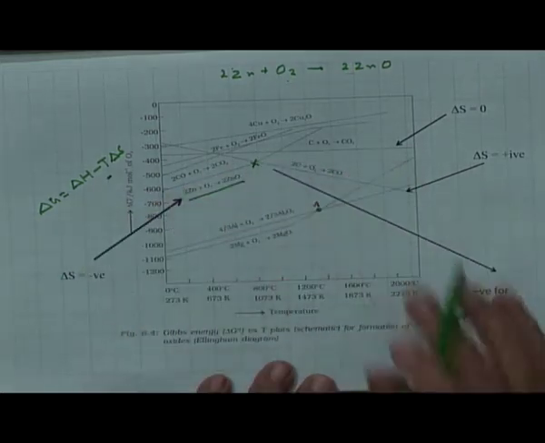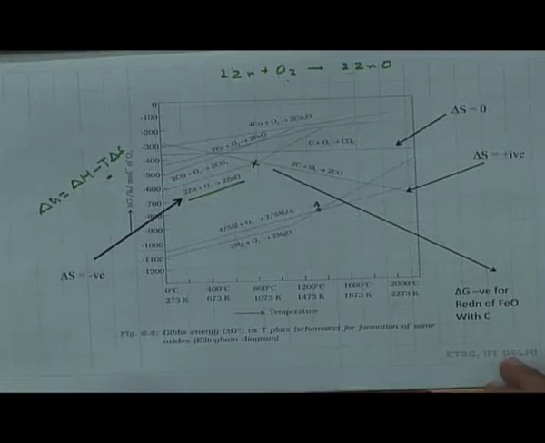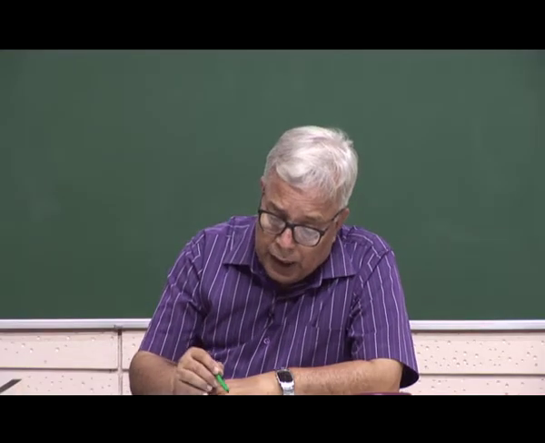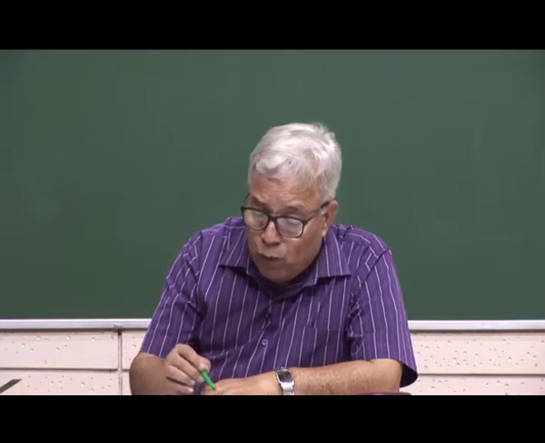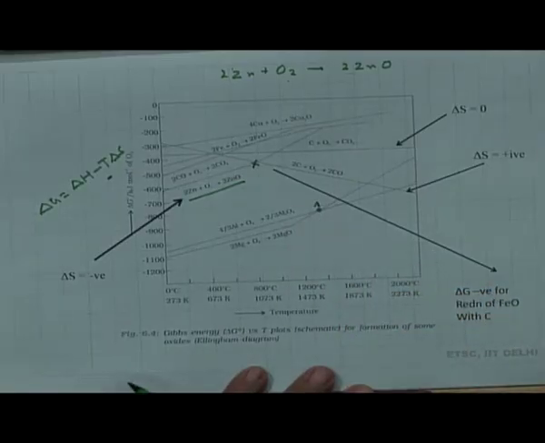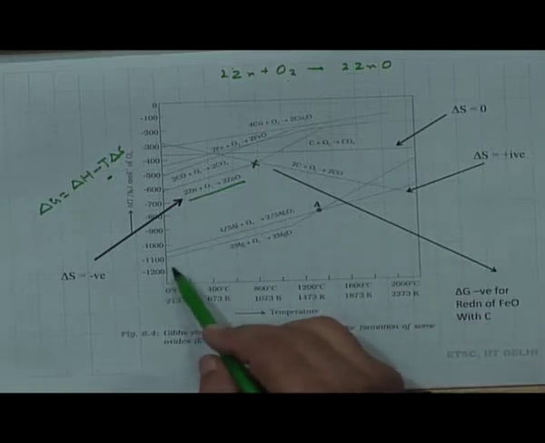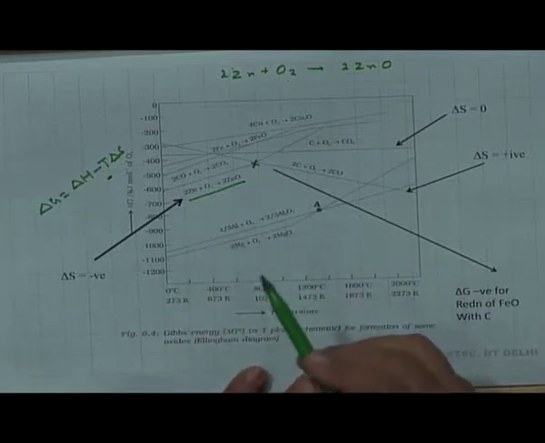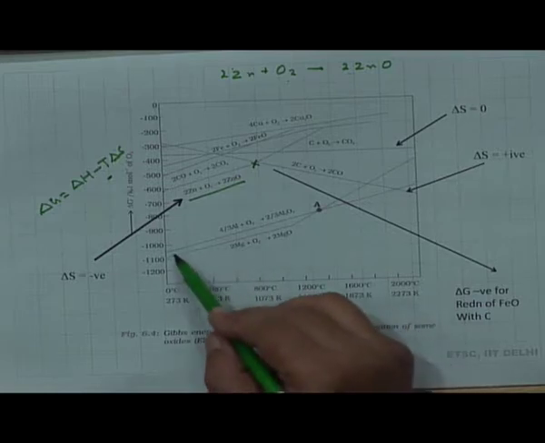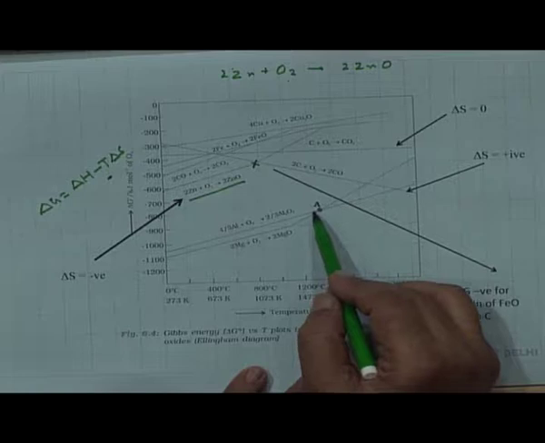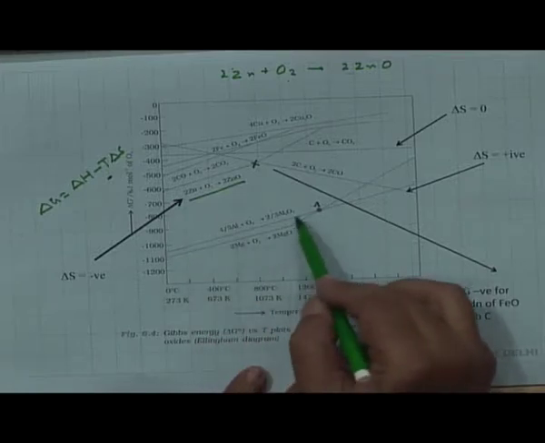So, these Ellingham plots are used to predict the appropriate reducing agent, and how they can be used to predict the appropriate reducing agent. The curve of the reducing agent should be below the curve of the metal.